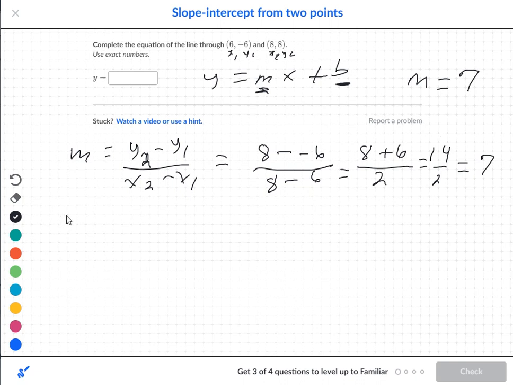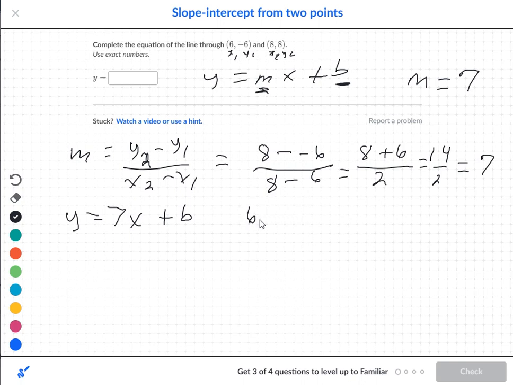So let's rewrite the formula knowing what we know. So we can say y is equal to, replace the m with not a 2, but with a 7. So I'm going to put a 7 in right here. Put down the number x plus b. We still haven't figured out what b is. So now I'm going to use the first point.